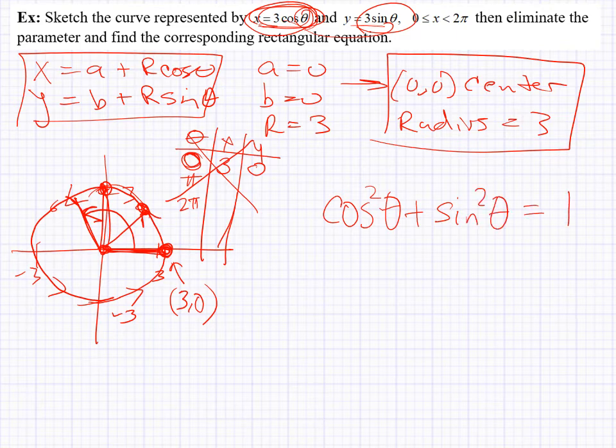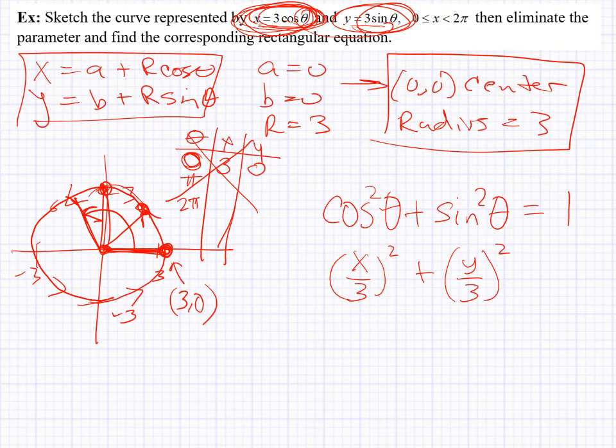Pythagorean identity. And it's an equation that relates sine and cosine together. Well, we can take these two equations and we can look at this first one and say x over 3 equals cosine theta. So we could just write this as x over 3 squared. Take the cosine theta out, replace it with x over 3. We can do the same thing here. Y over 3 is equal to sine theta, so y over 3 squared. And here we go. There's a rectangular equation.